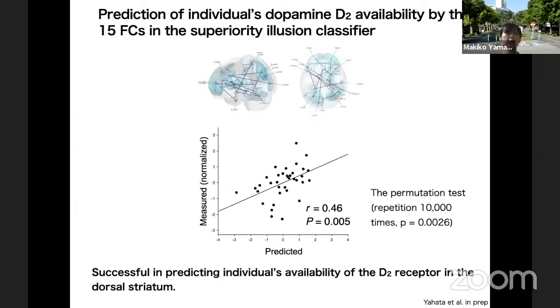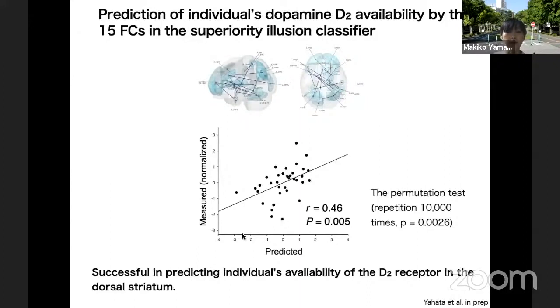And we further tested if we can predict individuals' dopamine D2 availability by the 15 functional connectivities in the superiority illusion classifier.